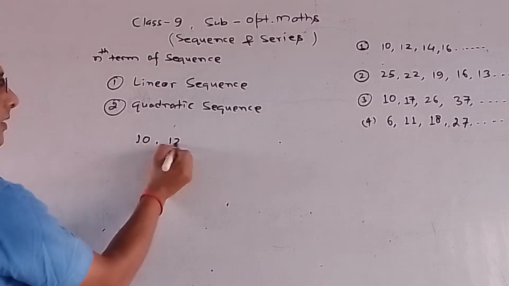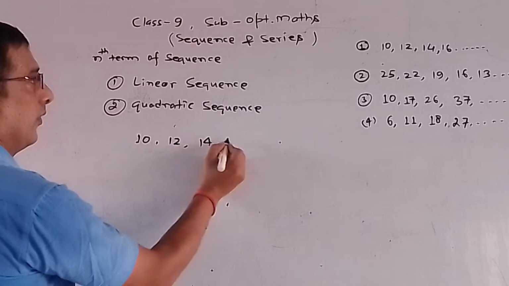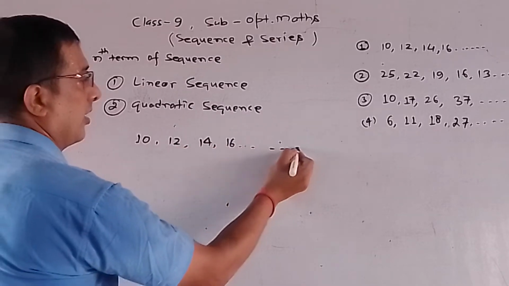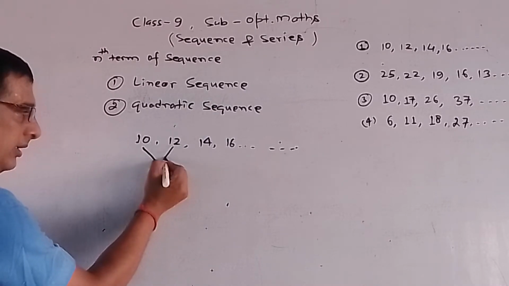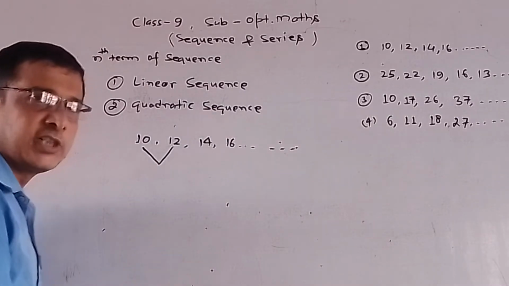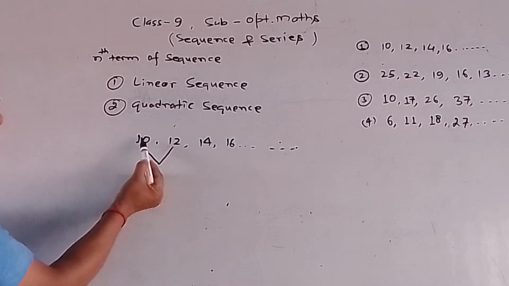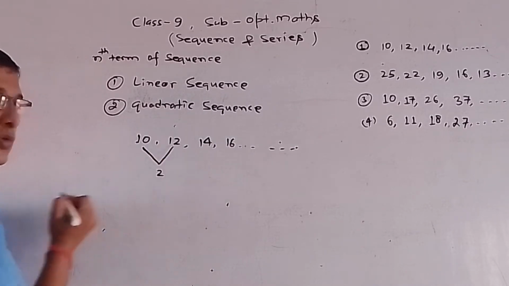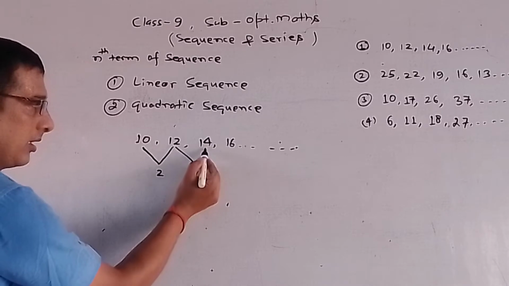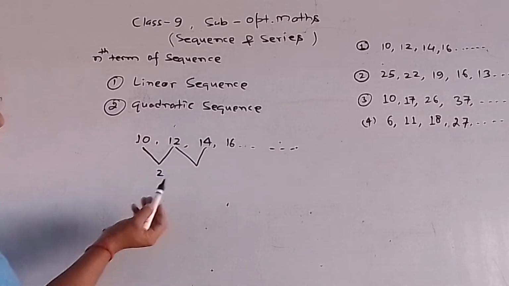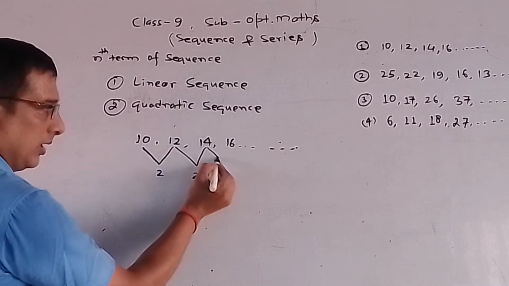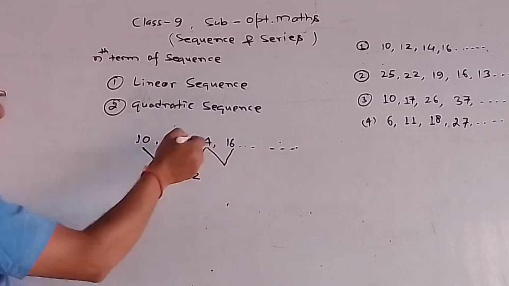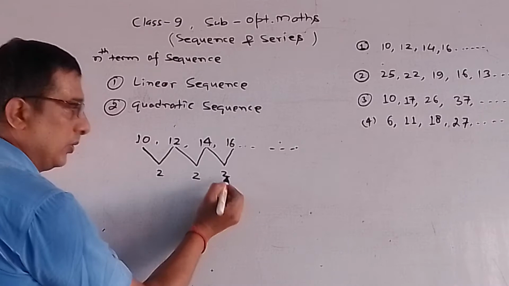First: 10, 12, 14, 16, and so on. Common difference of these terms: 12 minus 10 is 2. 14 minus 12 is 2. 16 minus 14 is 2.